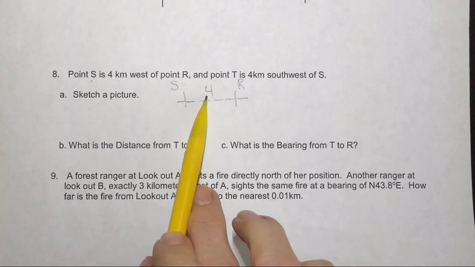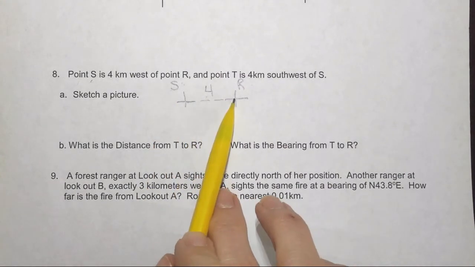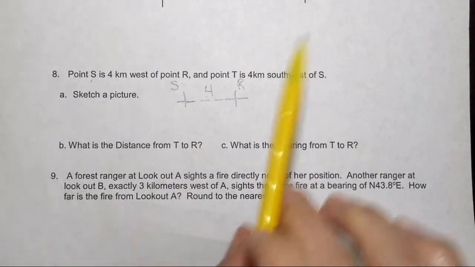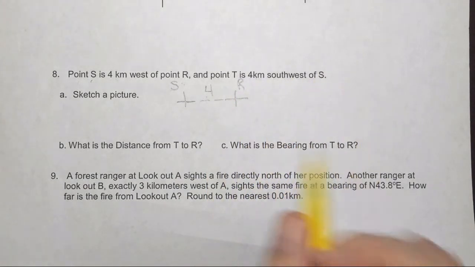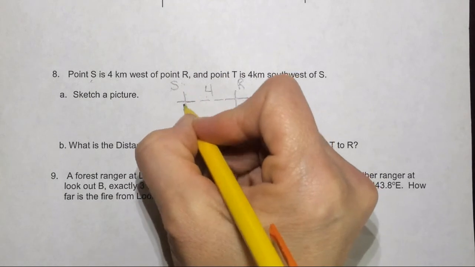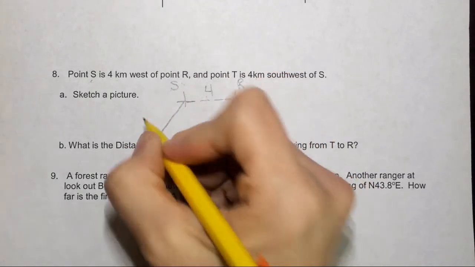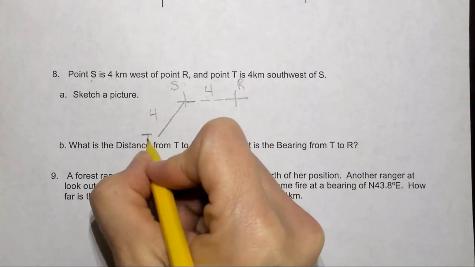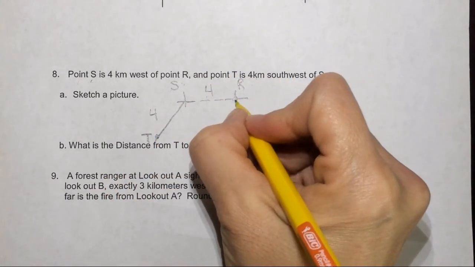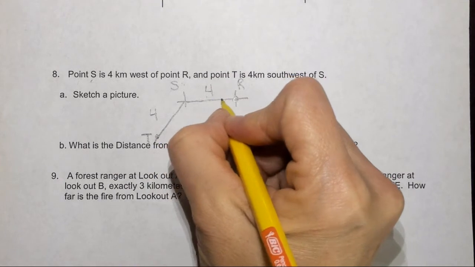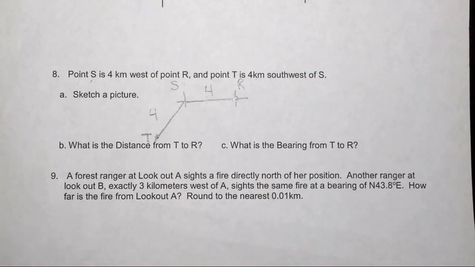So S is 4 kilometers to the left of R. That's the first piece. And then it says, and T is 4 kilometers southwest of S. Well, here's my compass. Southwest puts me right here. And it's also 4. Okay, so here's T. Here's R. They're both 4 kilometers from S.